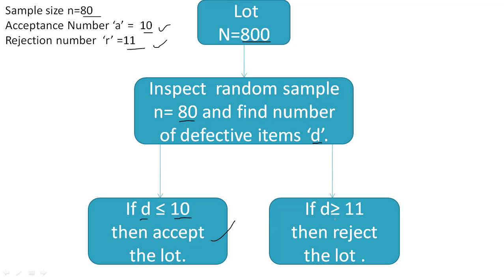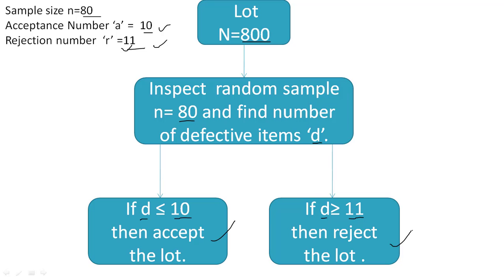And if our defective items are greater than or equal to the rejection number 11, then we can reject the lot. So this is the single sampling plan. At the end of the single sampling plan we can take the decision whether our lot is acceptable or not.